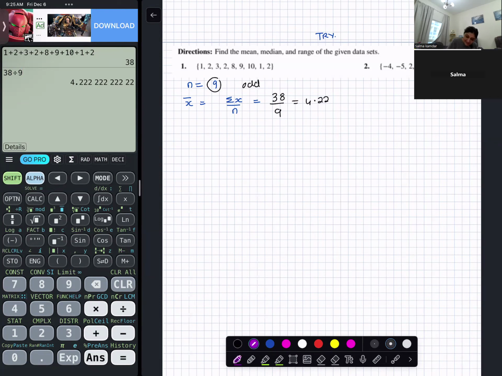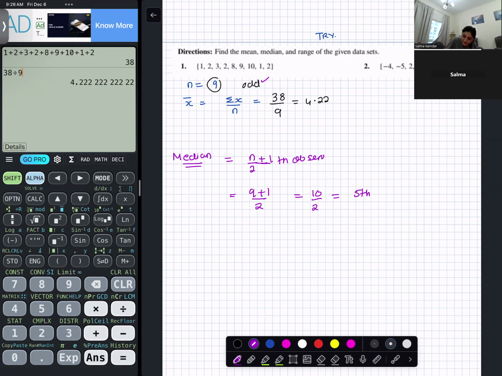Now let's talk about the median. Since it is an odd value, the median would be the n plus 1 by 2th observation. So it is 9 plus 1 by 2, that is 10 by 2, and it is the fifth observation. But you should understand very clearly that when you're finding the median, your observations should be arranged in proper order.